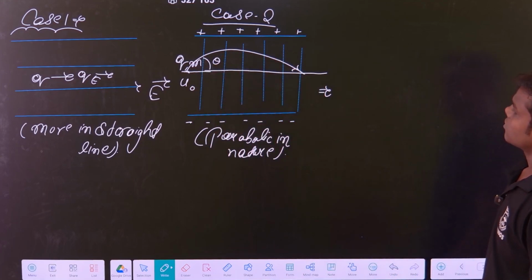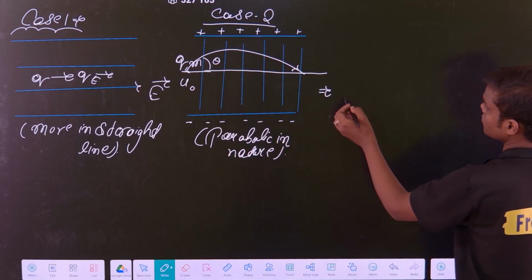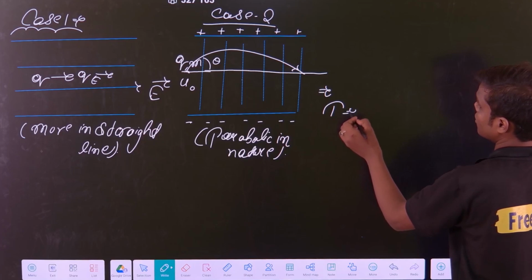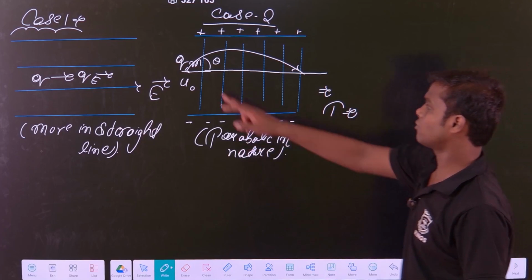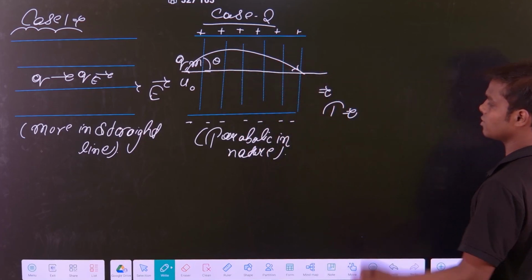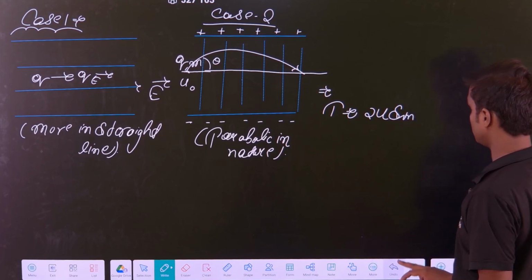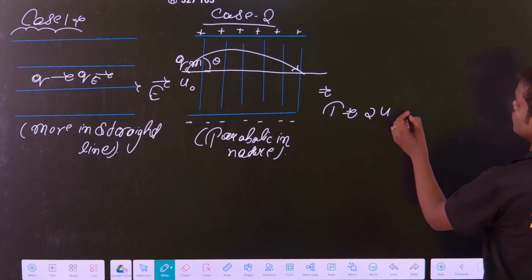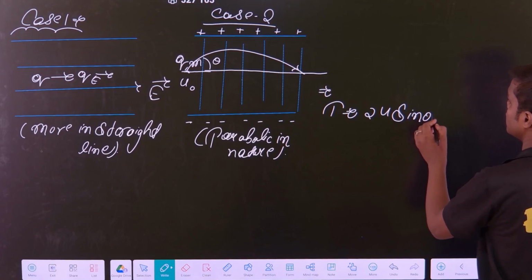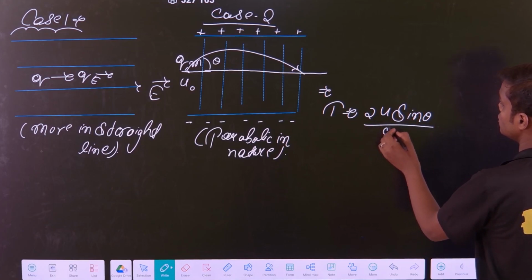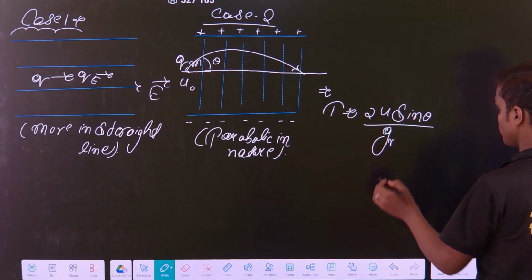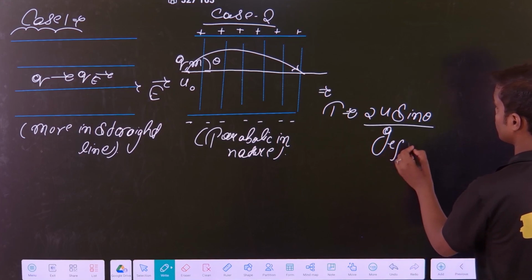Suppose I ask you what is my total time taken from here to here? Can you say it is 2u sine theta by g, where g is g effective?